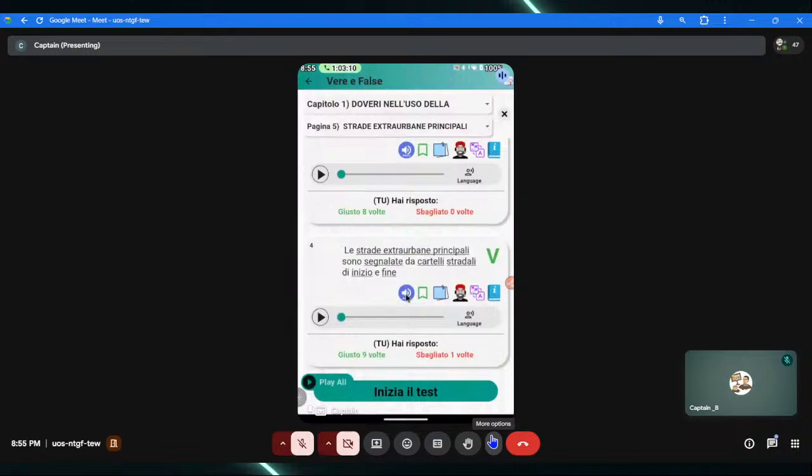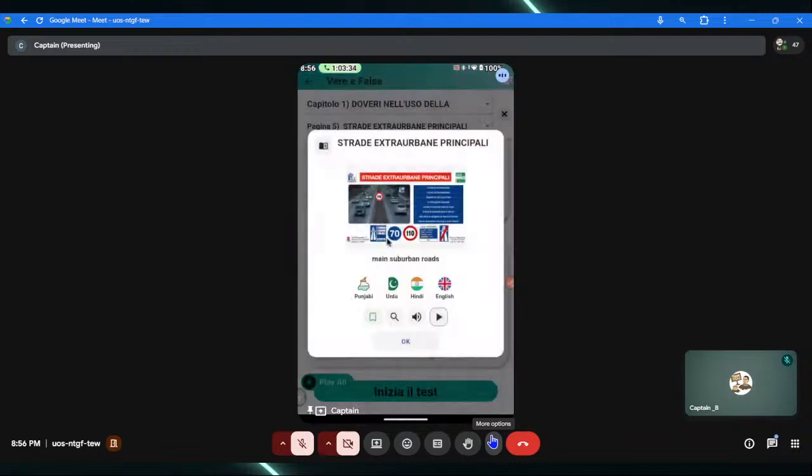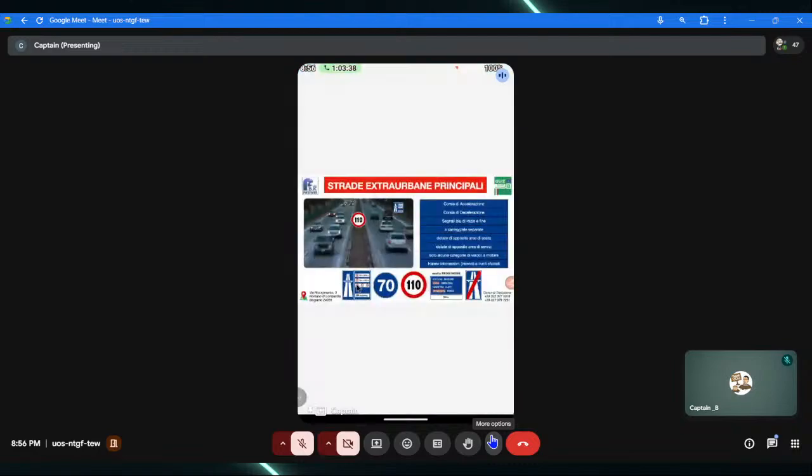Le strade extraurbane principali sono segnalate da cartelli stradali di inizio e fine. Now, I showed you something just now, right? That this is extraurbana principale. The cartelli, which is the board, yeah. This is the beginning.